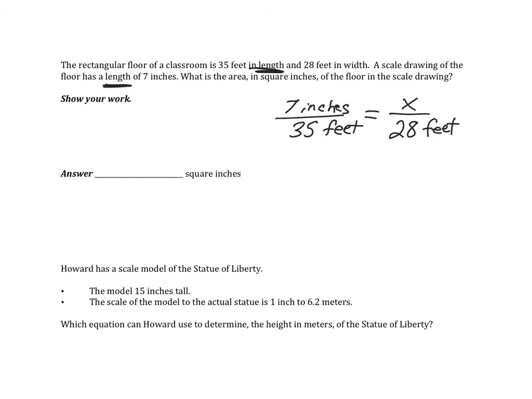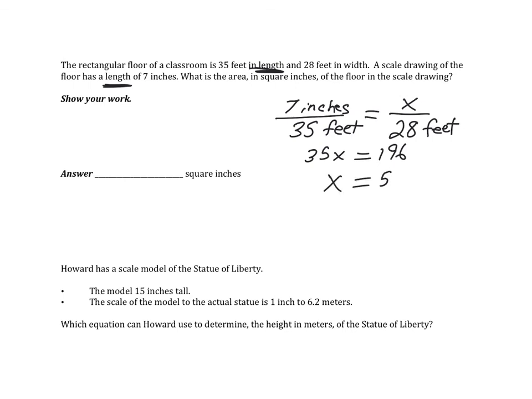So we want the number of inches for the width. Okay, so we do the same thing. We cross multiply 28 times 7, and we get 196. And 35 times x is 35x. Okay, so then we have to divide. So we take 196 and divide it by 35, and we get 5.6.